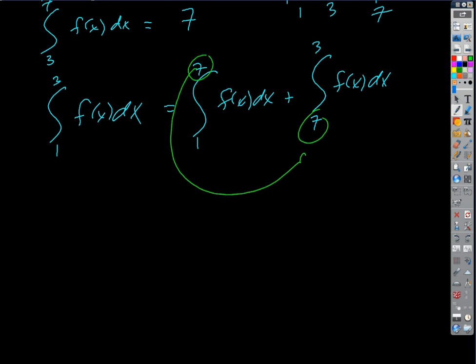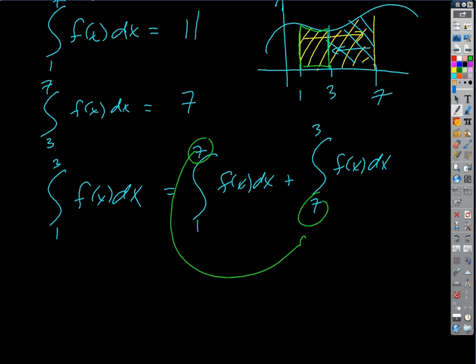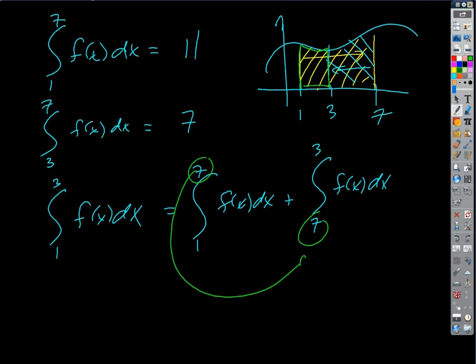I know this might seem weird, and the reason I made this example is because 7 is bigger than 3. That's all right though, right? I'm still just adding up a positive area plus a negative area, which is going to give me what's left over. This value doesn't necessarily have to be between 1 and 3. It's still going to work, right? And how come?